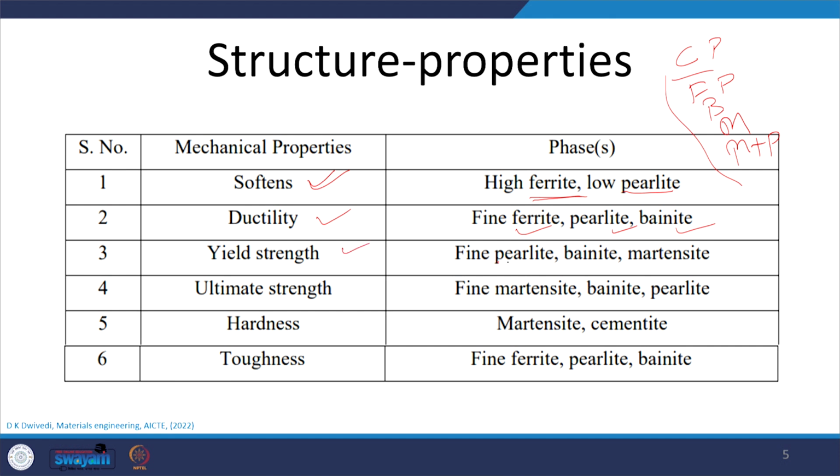High yield strength is achieved when fine pearlite, fine bainite and fine martensite are there. High hardness is obtained when we have high martensite and cementite, and high toughness is obtained when fine pearlite, fine ferrite and fine bainite are present. Okay. So here the idea is to achieve these phases as per our requirement of the properties.